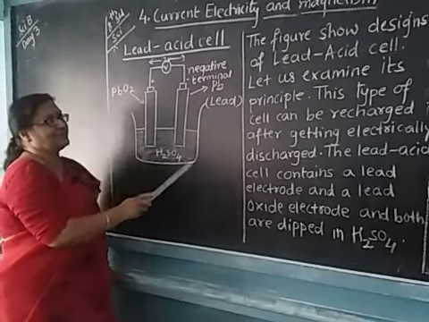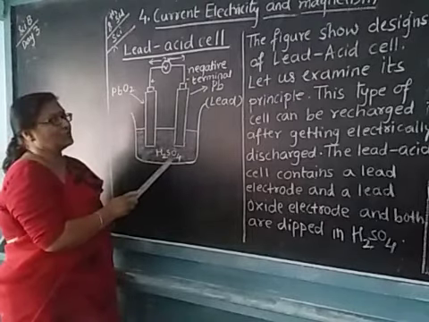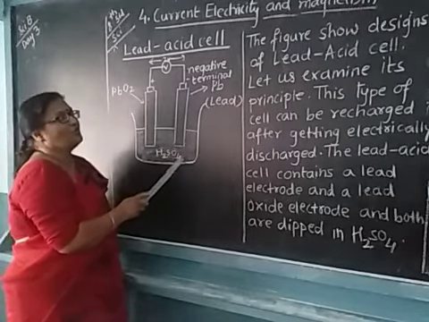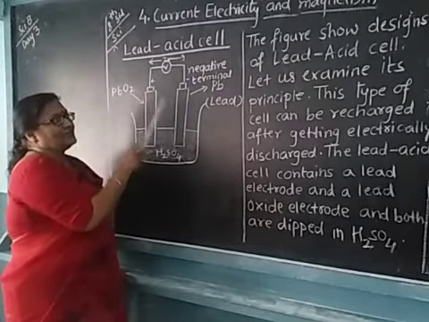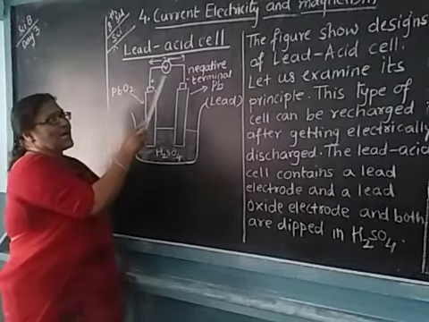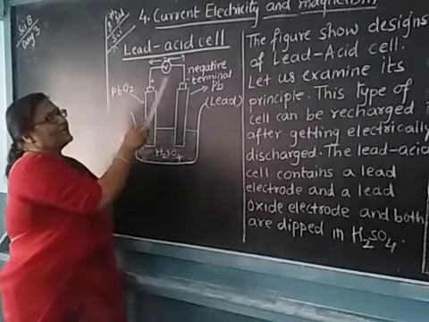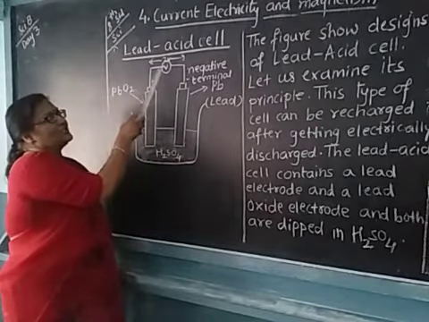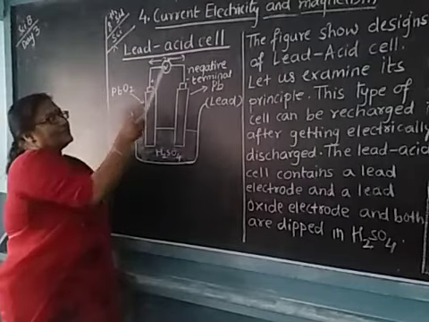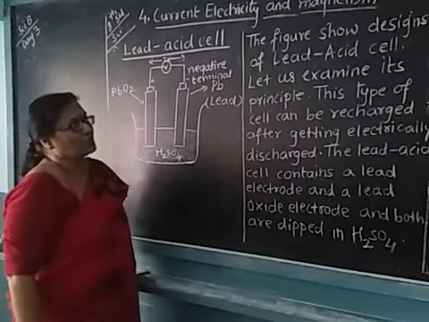That means this figure contains two electrodes dipped into sulfuric acid, H2SO4. The electrodes are made of lead. One is positively charged and the other negatively charged. Between the two electrodes there is a potential difference of 2 volts. The voltmeter is connected between the two electrodes.